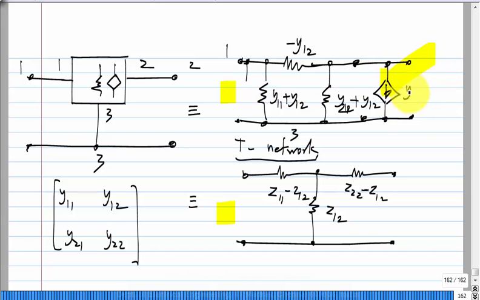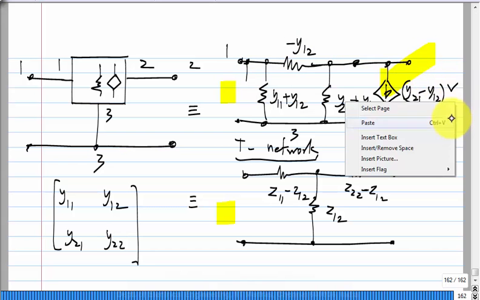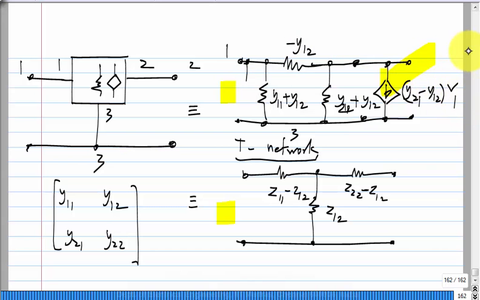So this is y21 minus y12 times V1. So that will work. Essentially, you have 4 parameters, so you need basically 4 different parameters to describe the network. So earlier representation had 2 resistors and 2 control sources. Now we have 3 resistors and 1 control source. That is also fine.